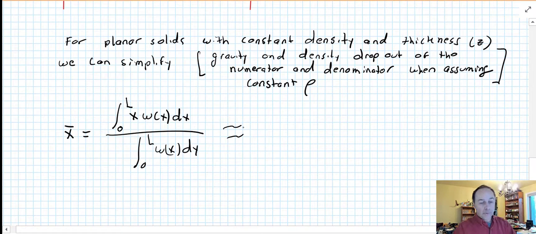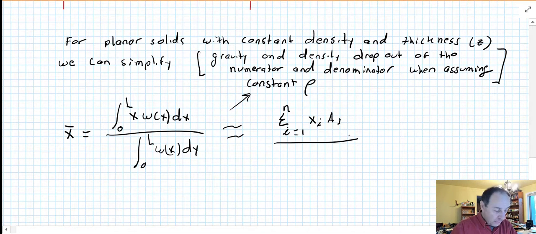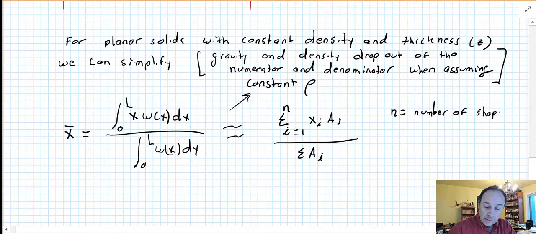This is approximately equal to, or can be simplified, assuming the above, we can do a summation. Replace the integral with a summation from i equals 1 to n of xi ai over the sum of ai. Okay, so n is the number of shapes that you've broken your load into.